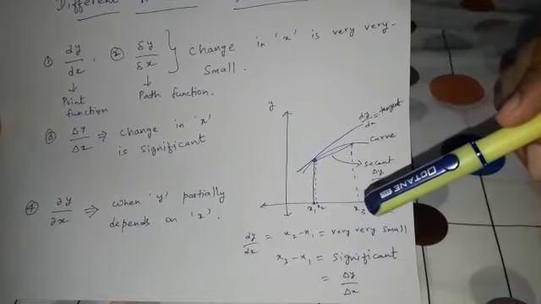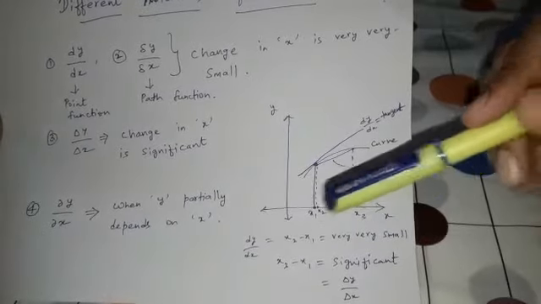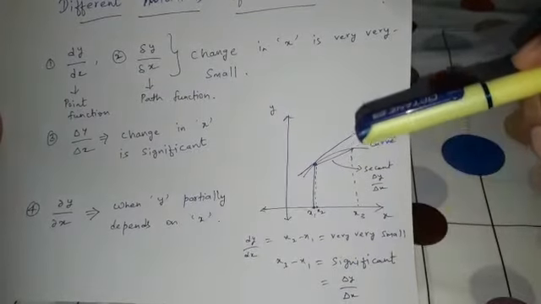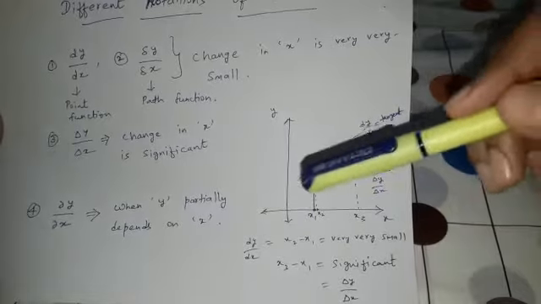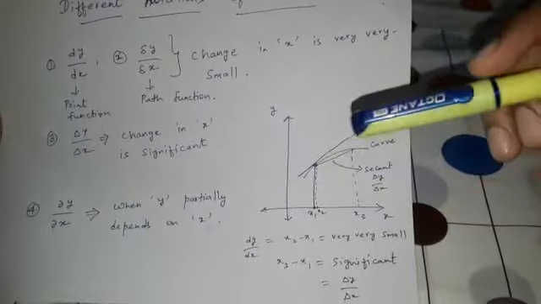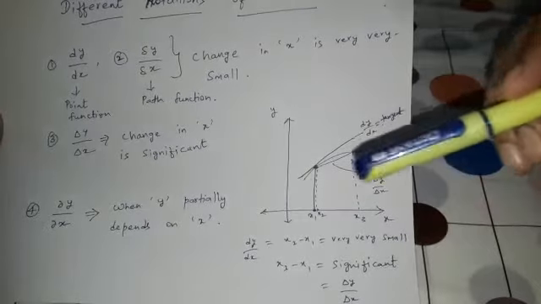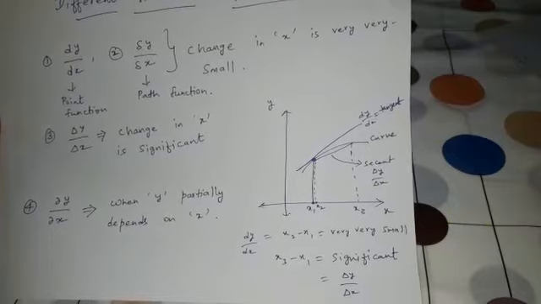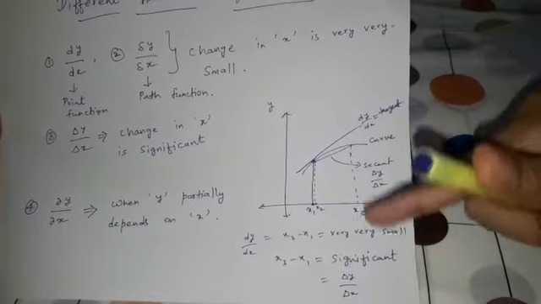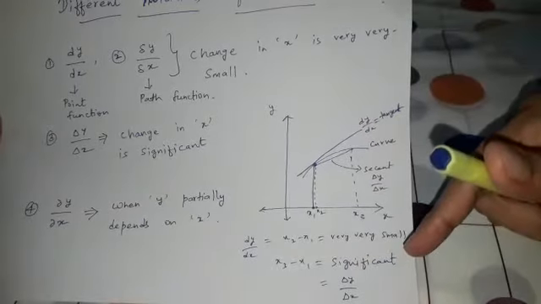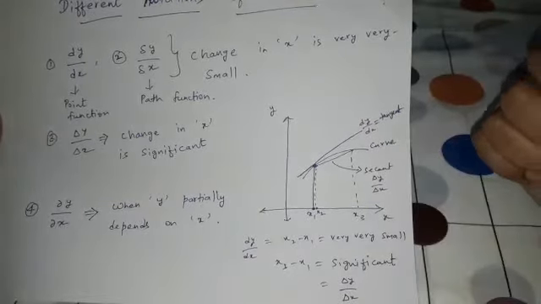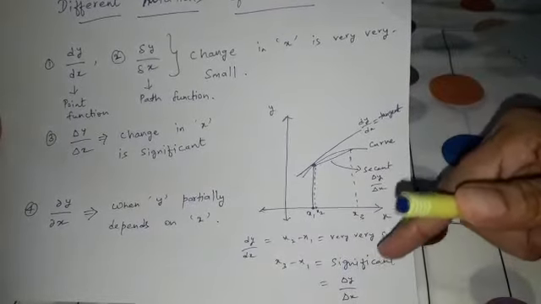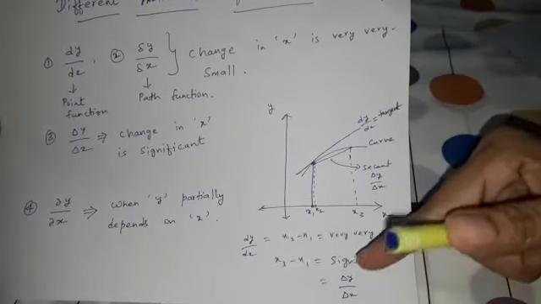If I take x3 very far from x1, so that the difference x3 minus x1 is significant, and I want to relate this change in x and the respective change in y, I will get a secant to the curve. So delta y over delta x is my secant to the curve. These are the graphical meanings. Dy over dx is a tangent, where change in x is very small. Delta y over delta x is a secant to the curve, where delta x is significant.